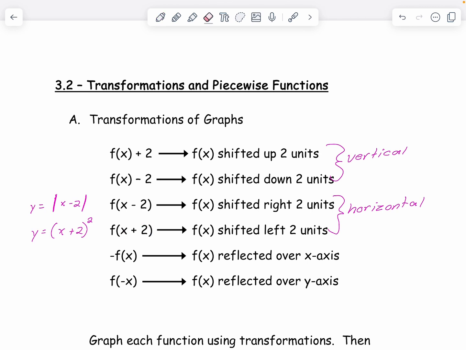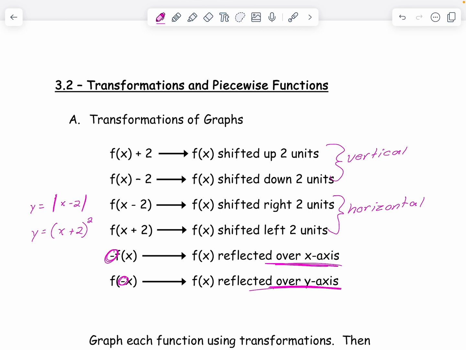All right, then the last 2 are going to be our reflections, and those are if we have a negative. Now it does depend on where the negative is. If the negative is sitting in front of the function, then it's reflected over the x-axis. If the negative is inside of the function, then it's reflected over the y-axis.